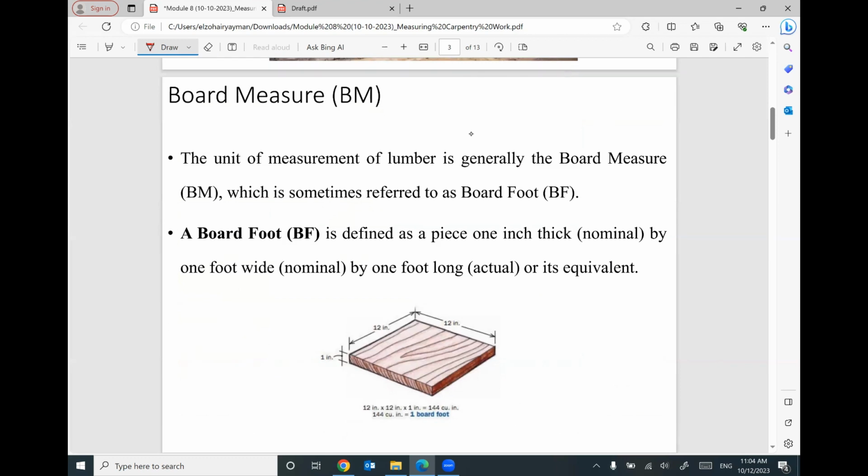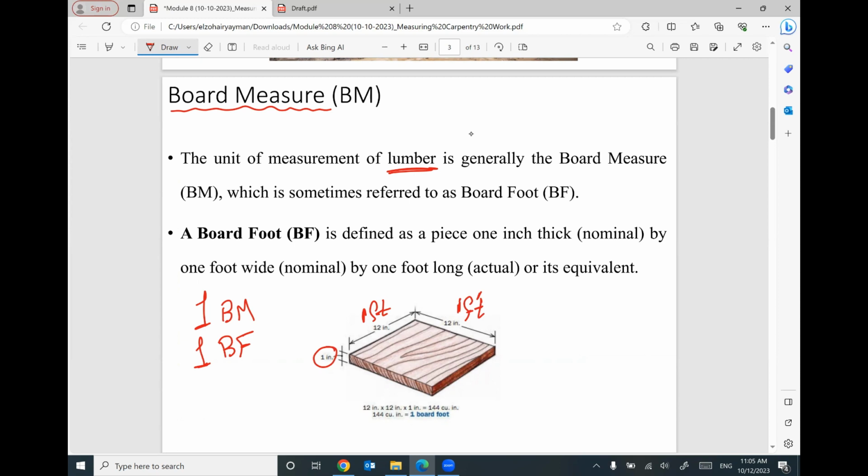Board foot or board measure is a unit that will be used to measure the volume of the used lumber. One board measure or one board foot is a piece of wood in these dimensions: 1 foot by 1 foot by 1 inch thickness.